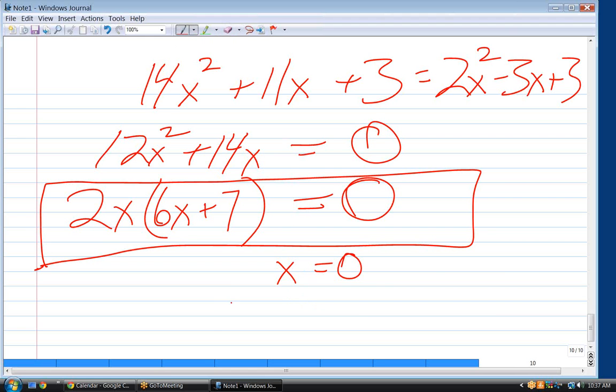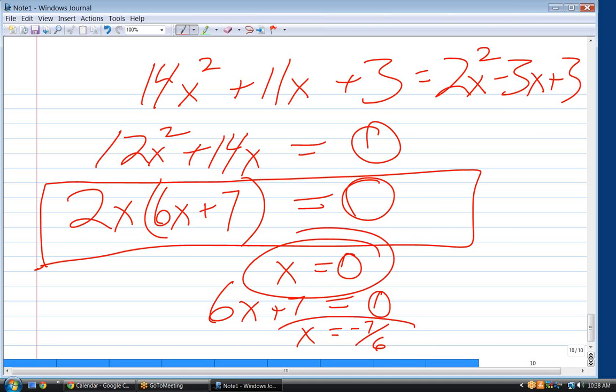No. Or 6x plus 7 equals 0. Oh. Okay. Solve that. 6x equals negative 7. So x equals negative 7 over 6. Okay. There's your two solutions. All right.